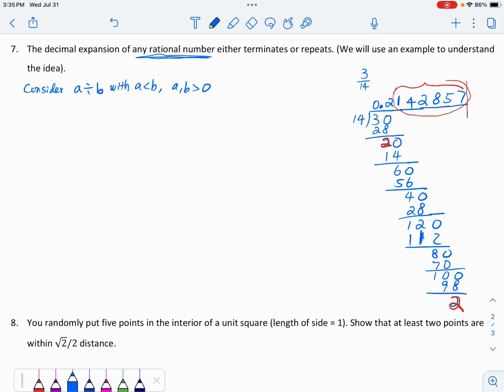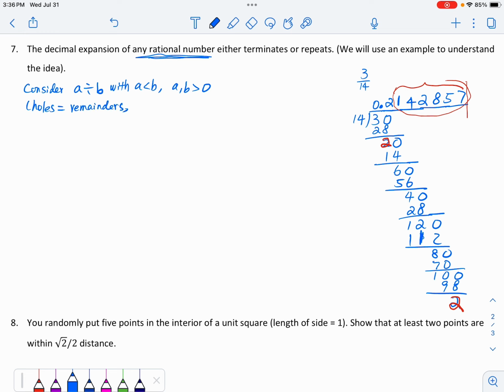Let's think about what would be your holes and what would be your pigeons. When we see the repetition, that will repeat. So we are going to think about the holes being the remainders.